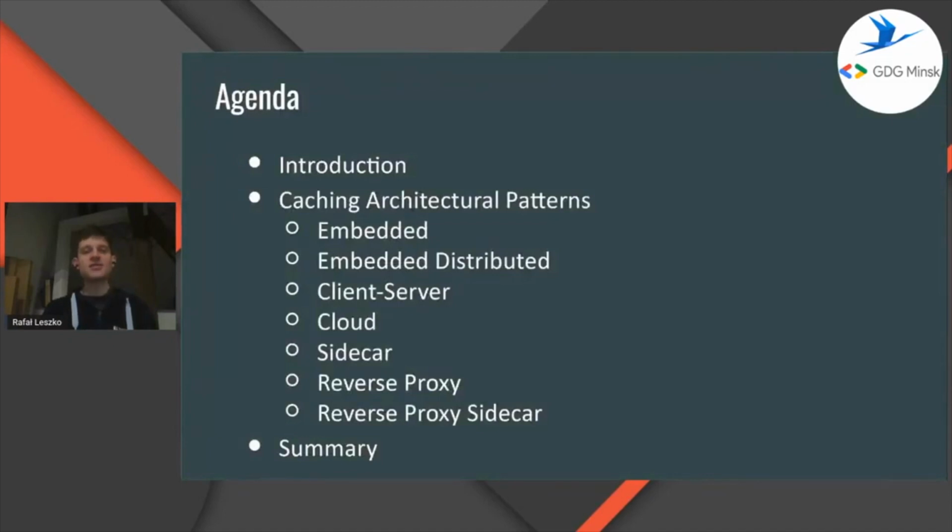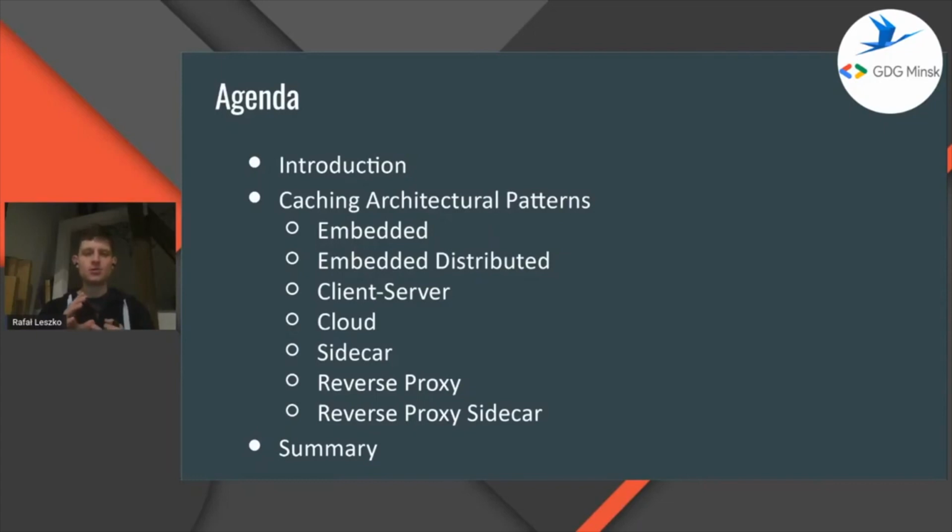That is the agenda for the talk. So it is pretty simple. There will be a short introduction about caching in Microservice World, and then we'll walk through all possible caching topologies that you can use in your system. And while I'll be talking, I would like you to think about two things. First thing is, which of these patterns do you use in your system?